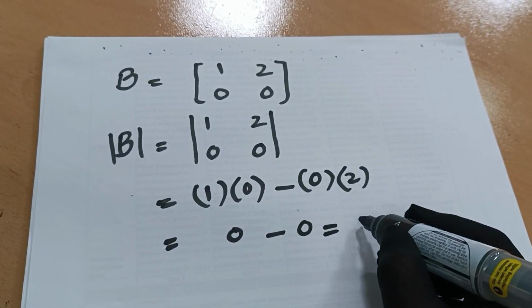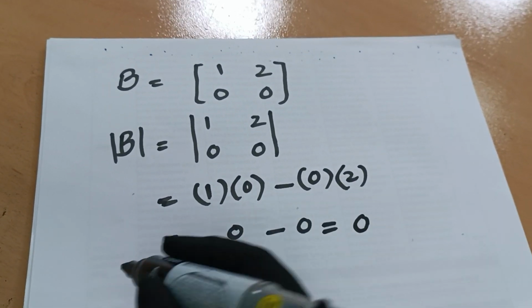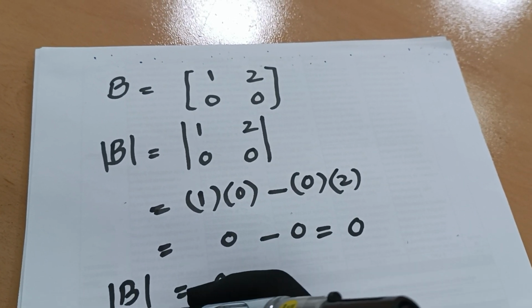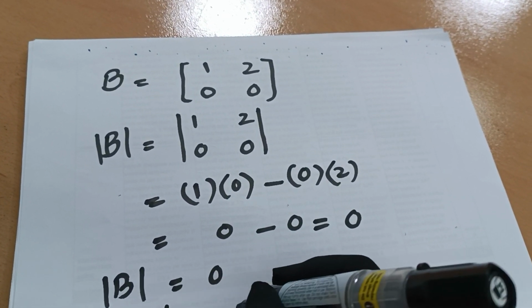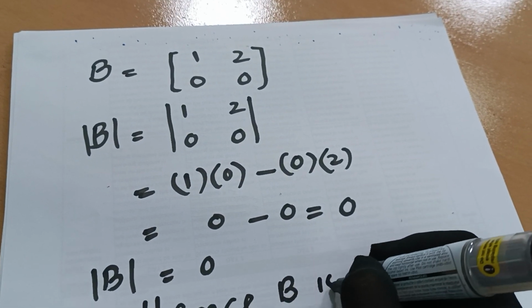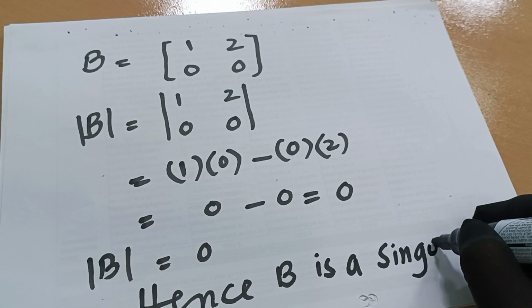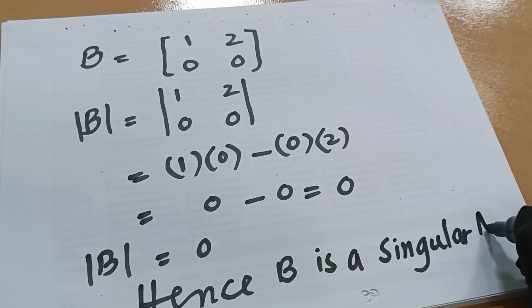So 0 minus 0 is 0. As the determinant is equal to 0, hence B is a singular matrix.